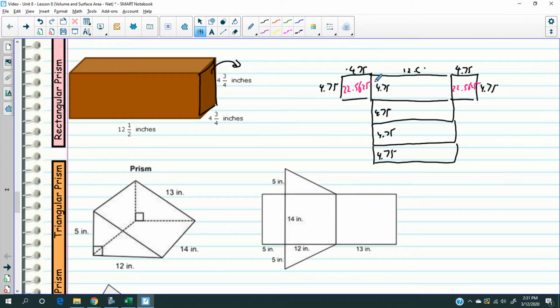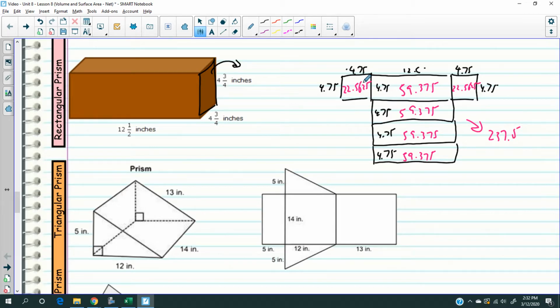And then 12.5 times 4.75 is 59.375. And then you're gonna repeat that. And I'm gonna add these. So you know what I'm gonna do? I'm gonna multiply this by 4. See what that is. 237.5, and I'm gonna add these last 2.